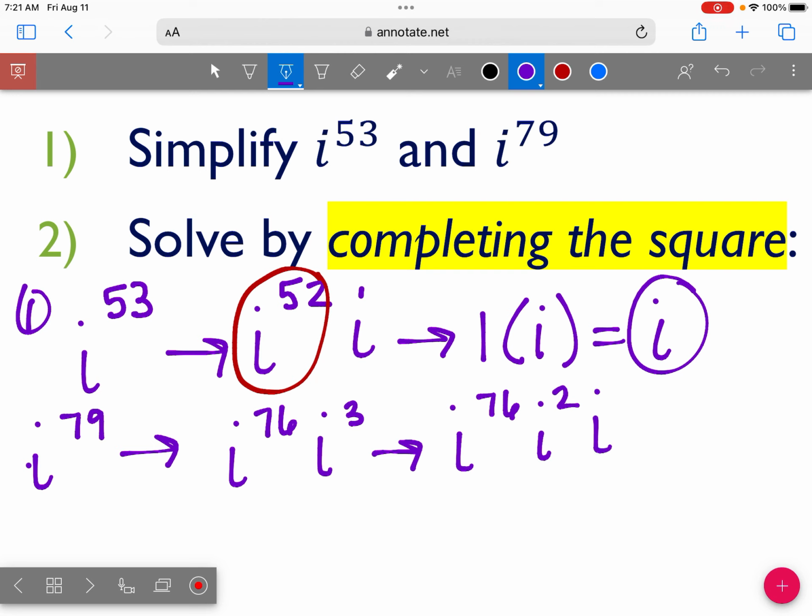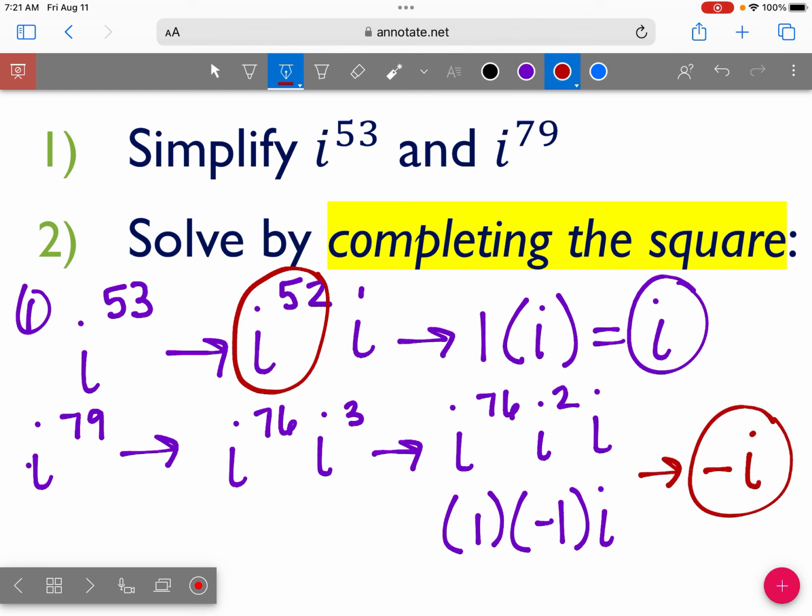So if you break that down even further to 76 plus 2 plus 1, because this is 1, i squared is negative 1, and then you have an i left over. So you know that's going to simplify down to negative i. So the answer to number 1 is positive i and negative i.